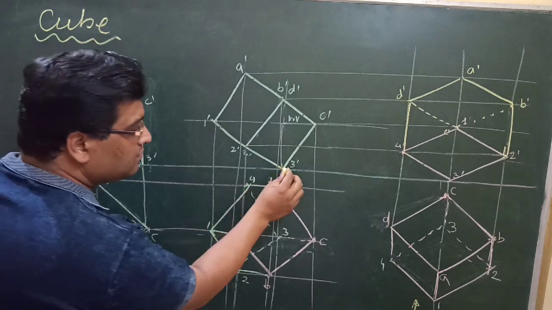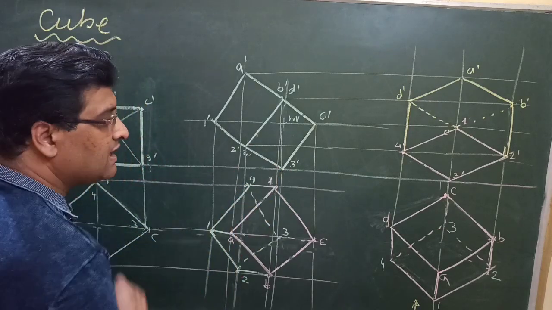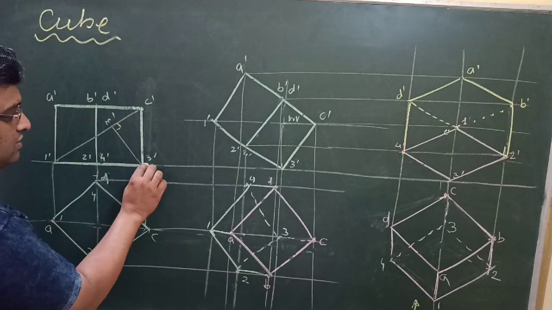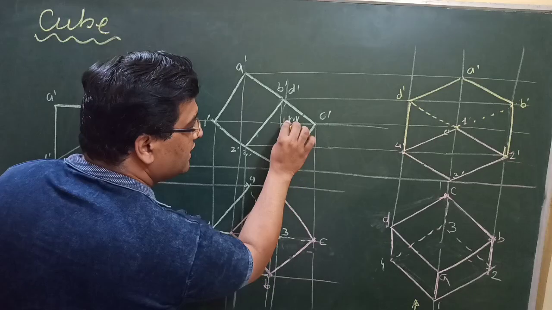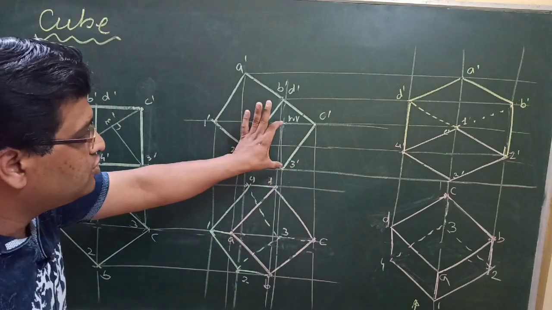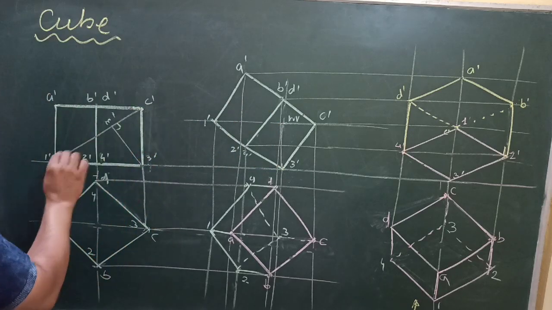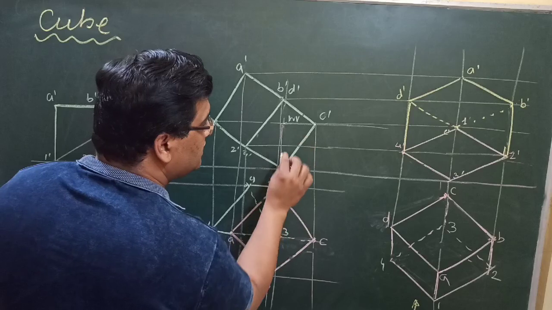In the next diagram, 3 dash we have taken on the XY line because 3 dash is in HP. Draw 3 dash M dash perpendicular to the XY line in this manner. Take the distance from here and draw it. This line 1 dash C dash is perpendicular to this 3 dash M dash.